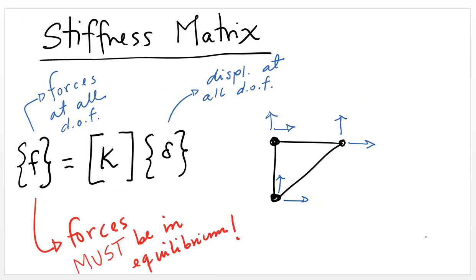A stiffness matrix, if we think of a structure that has multiple degrees of freedom, is nothing more than a relationship between the forces at all degrees of freedom and the displacements, again, at all degrees of freedom. So now we are thinking that forces not only create displacements at a point where they are applied, they also create displacements at other points.